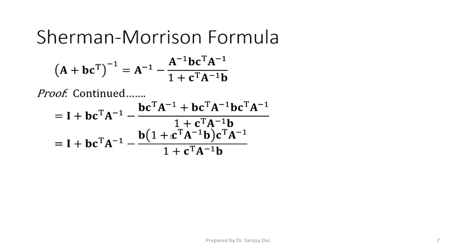What's left inside? B and C transpose. This is 1 plus C transpose A inverse B. I took out B on this side and C transpose A inverse on this side. And so what remains is just A inverse B. Excuse me. So this is what I have.